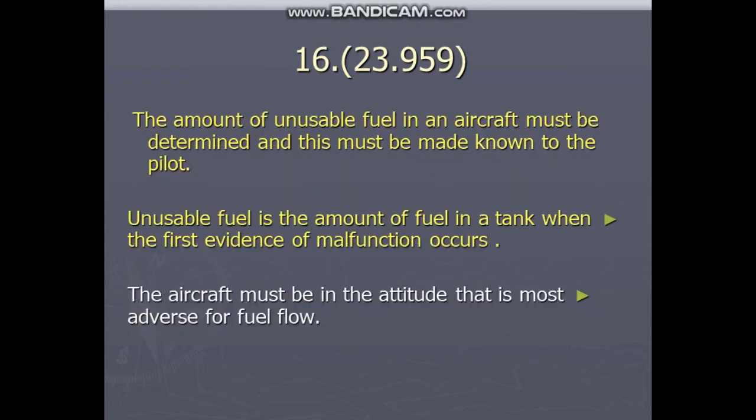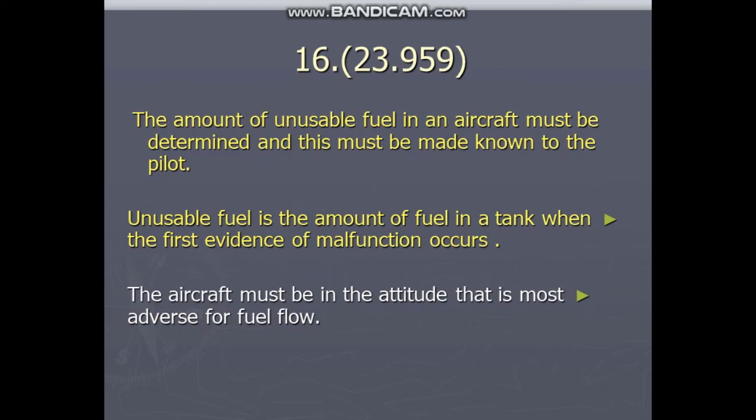Number 16. The amount of unusable fuel in an aircraft must be determined, and this must be made known to the pilot. Unusable fuel is the amount of fuel in a tank when the first evidence of malfunction occurs.